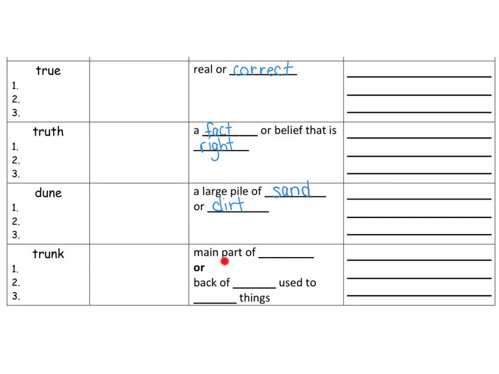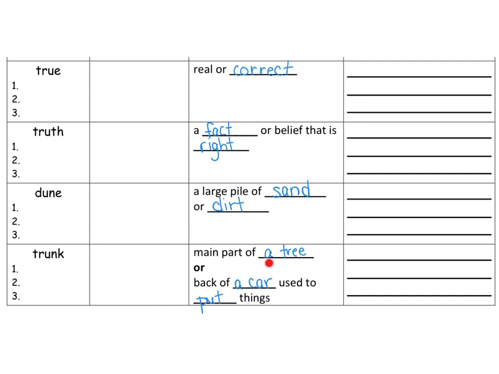It is the main part of a tree. Read with me. Or, trunk has another meaning. When there's a bold or, it means there's another meaning. A trunk is the back of a car, and it is used to put things in it.